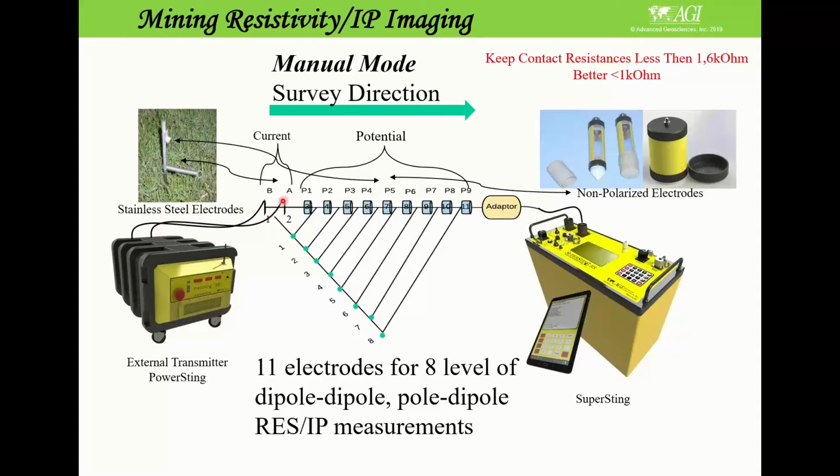It's separate, two cables over here, which become separated current cables and voltage cables. In the electrode current location you use stainless steel electrodes. For potential measurement location, you can use either stainless steel or non-porous electrodes.